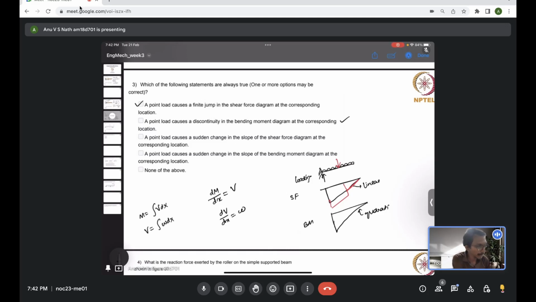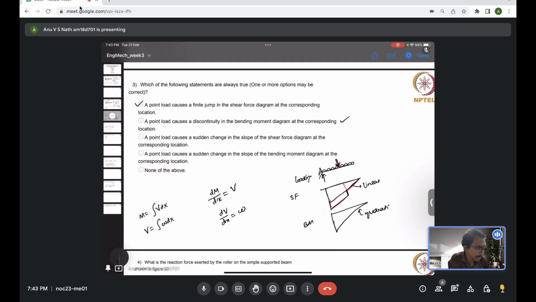So if you consider a point load, this force acting at this location is shifting the shear force diagram by that amount, or displacing the shear force diagram a little bit, but that is not changing its slope, only shifting it.